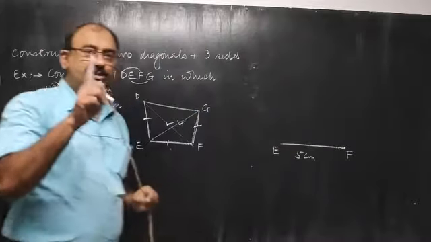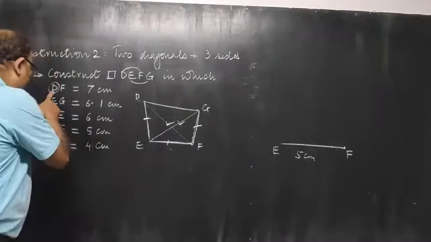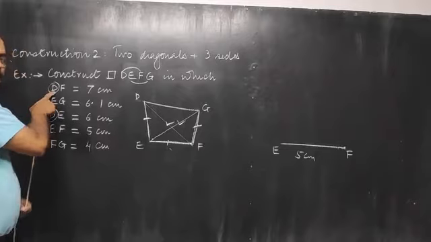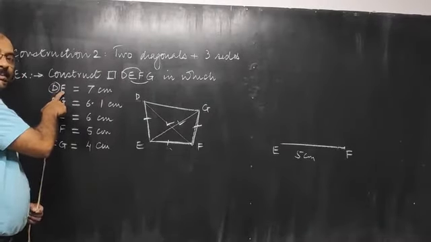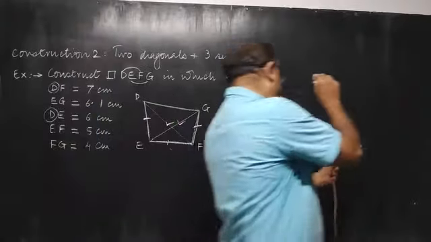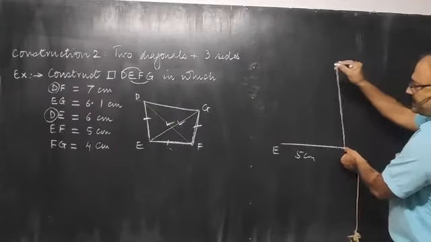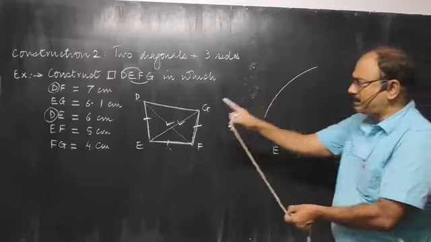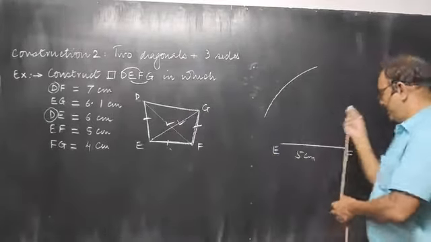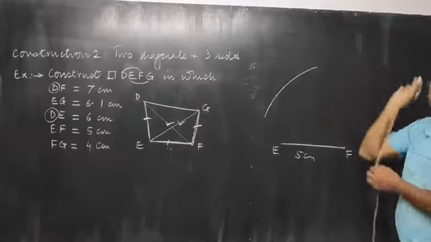What is my target point? D. So if I want to get D, I have to keep my compass on point F. According to my rough figure, D will come here, so in that direction I will draw the arc.